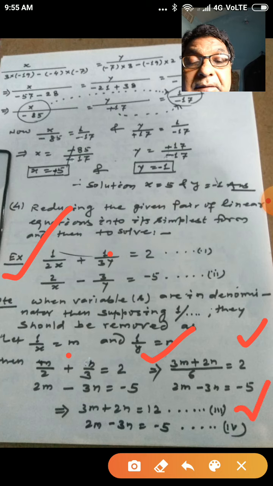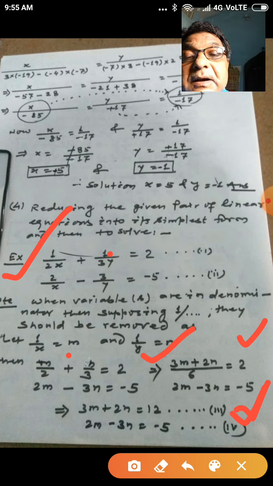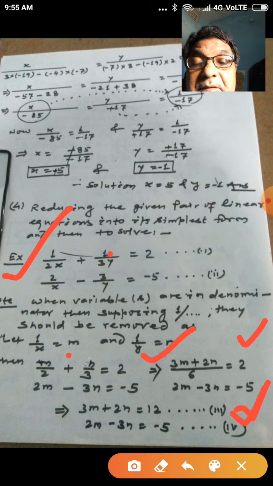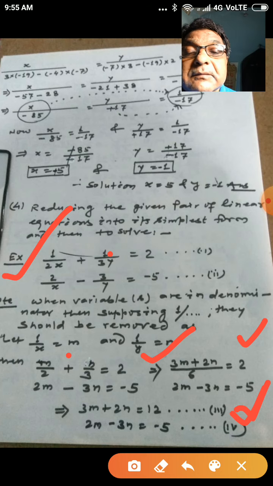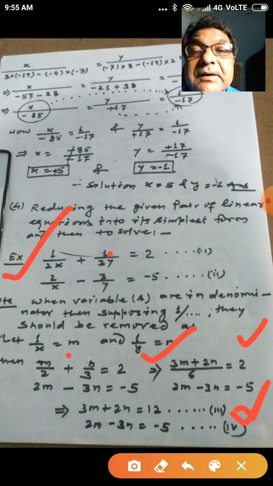Lastly, we have this simplified form of equations, that is 3m plus 2n equal to 12 and 2m minus 3n equal to minus 5. So these two equations are derived from our given pair of equations, just bringing the given pair in simplified form. Name these equations 3 and 4.